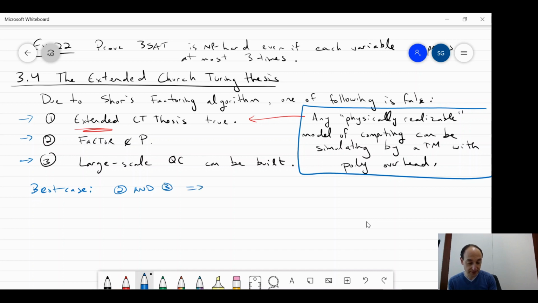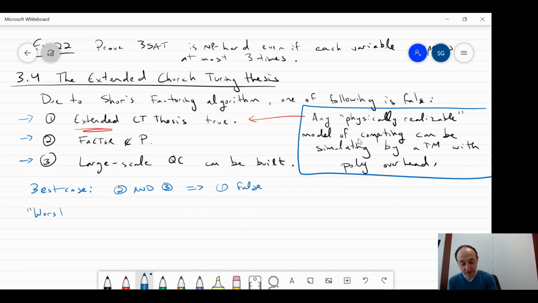And this would imply that 1 is false. If 3 is true, I can build a large-scale quantum computer, meaning I can solve factoring quantumly. 2 is true, meaning a classical computer cannot solve factoring efficiently. Then certainly the extended Church-Turing thesis is false, because here's a problem that explicitly cannot be solved classically, but can be solved quantumly. So it's not true that a classical deterministic Turing machine can simulate any physically realizable model with poly overhead.